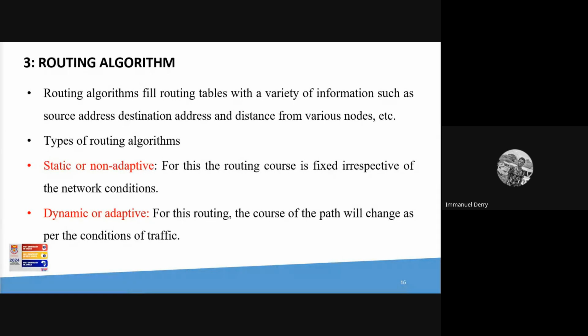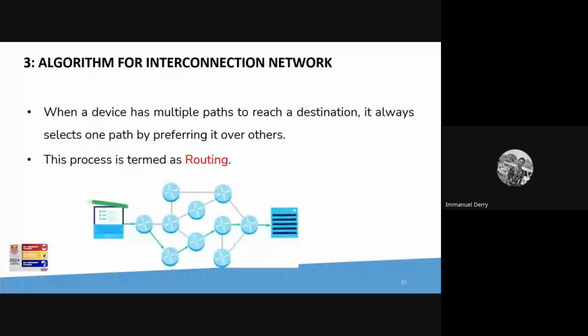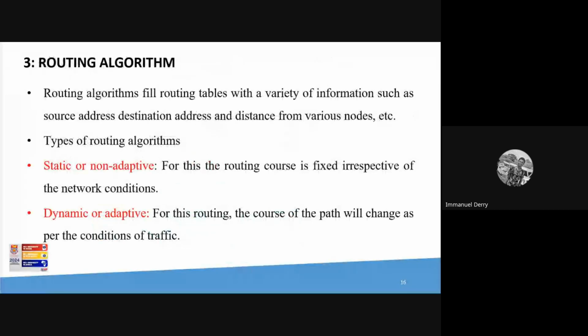So if you send a package from this device to the server, and it gets to this place and realizes that moving on to this one, there's enough traffic over there, then it will switch to a different path and make sure it gets to the destination. So the path is not fixed as compared to the non-adaptive routing algorithm.